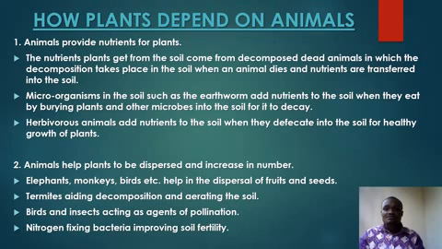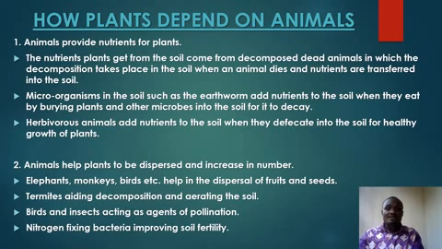Microorganisms in the soil, such as earthworms, add nutrients to the soil when they eat by burying these food debris and microorganisms in the soil for it to decay. And herbivores and animals that feed on plants also defecate into the soil, which fertilizes the soil for growth.